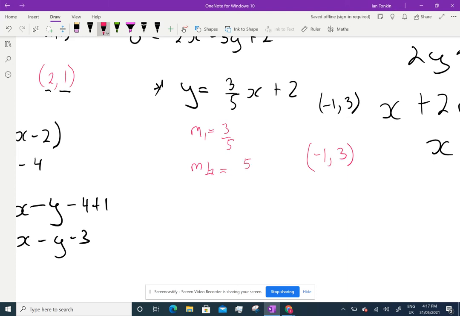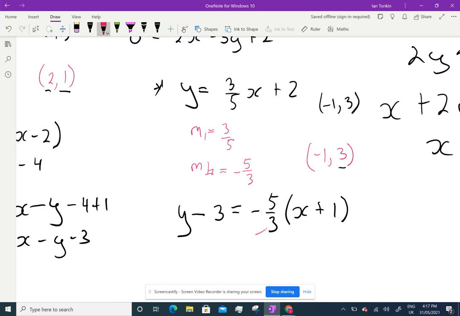So I flip it, 5 on 3, and make it negative. Now we know that's 1 2/3, but we're not going to write it because it's much better as an improper fraction. So y minus the y value, 3, equals m, minus 5 on 3, x minus the x value, minus 1, but we know a minus minus becomes a plus.